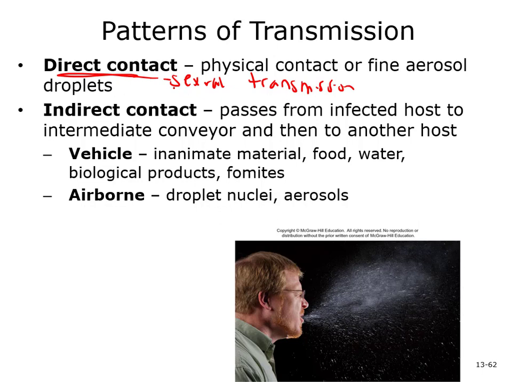So a disease that's spread sexually usually doesn't get spread via the respiratory route. Also, for example, handshaking. If somebody has a virus or bacteria on their hand and the second person doesn't wash their hands and then they ingest something, they can spread it that way. Or a respiratory route like fine aerosol droplets, like when someone sneezes or coughs.